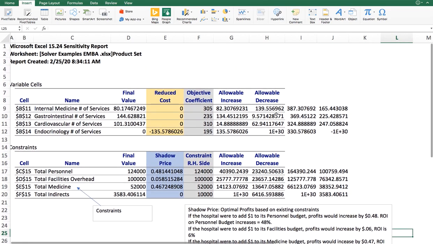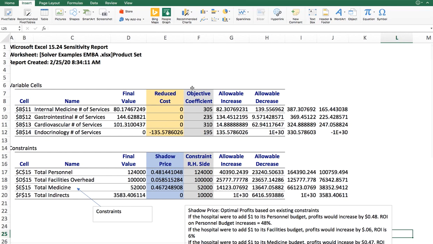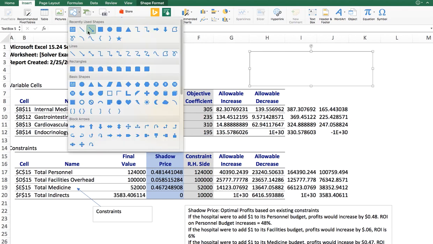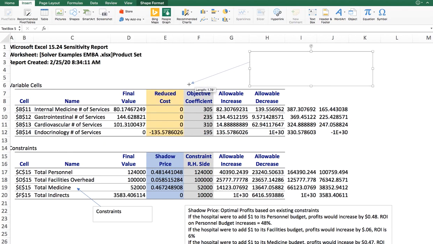So once again, quick check. If we were to add one more text box, in this case, it says reduce costs. So understand what that is.